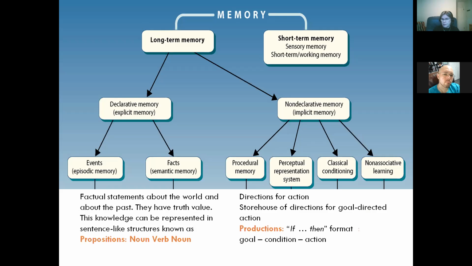And here is the fundamental difference between explicit memory and implicit memory. Think about explicit memory, which is also known as declarative, because you declare stuff. These are facts that we know about the world, both in its physical aspect and its social aspect.